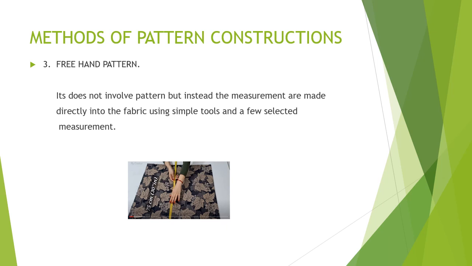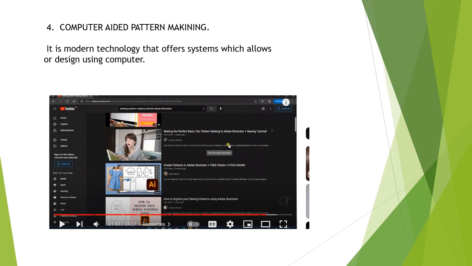So let us look at the fourth one, which is computer aided pattern making. It is a modern technology that offers systems which allow you to design using a computer.